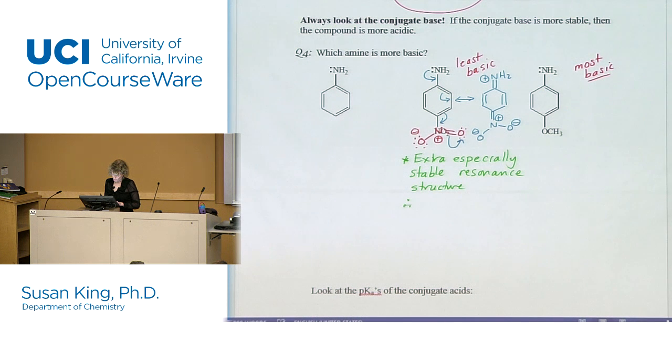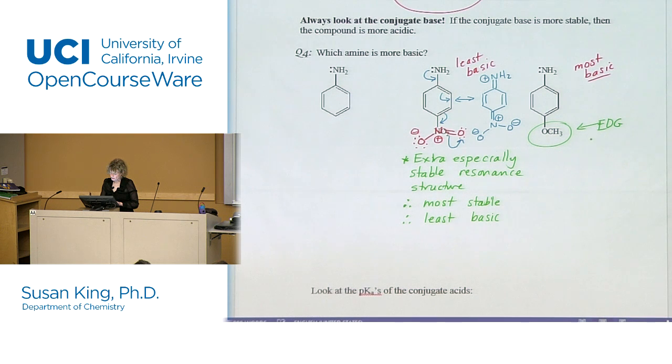Therefore, this one is going to be the most stable. And by most stable, it means it's the least basic. The methoxy group, on the other hand, is an electron donating group. It's going to be putting electron density into the ring.